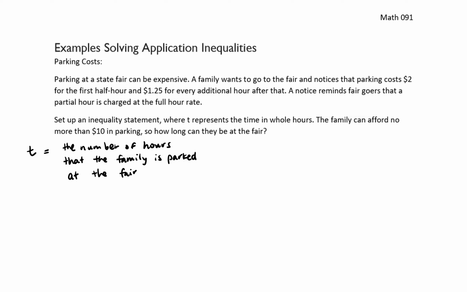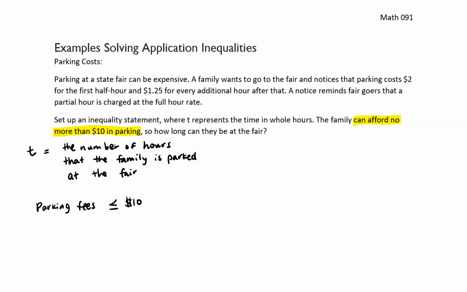And so we need to set up an inequality using the variable t. In the statement of the problem, it says the family can afford no more than $10 in parking. So that means that the parking fees need to be less than or equal to $10.